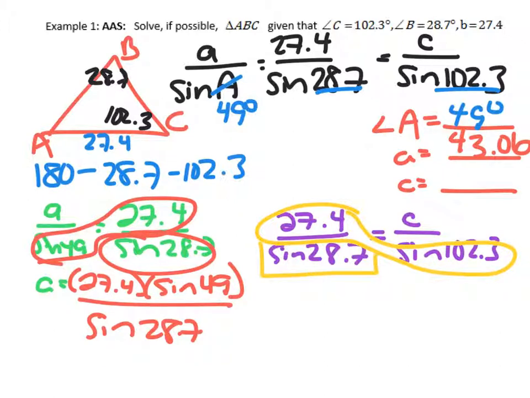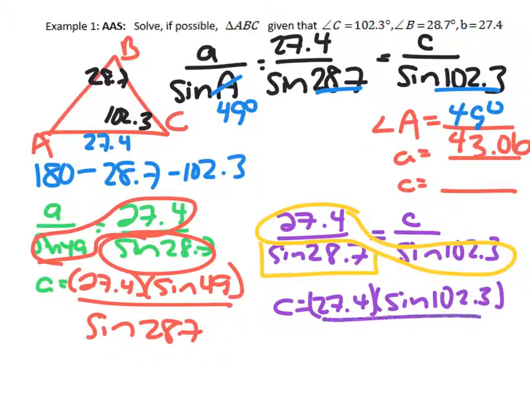So my c is going to be equal to 27.4 times the sine of 102.3 divided by sine of 28.7. Keep in mind, when you solve proportions, you cross multiply and divide. So that's going to give me a c of 55.75.